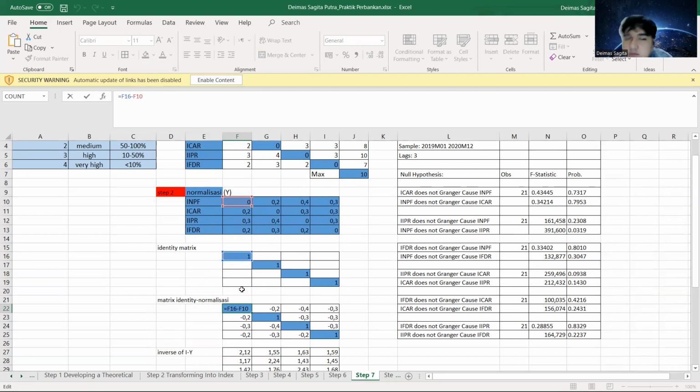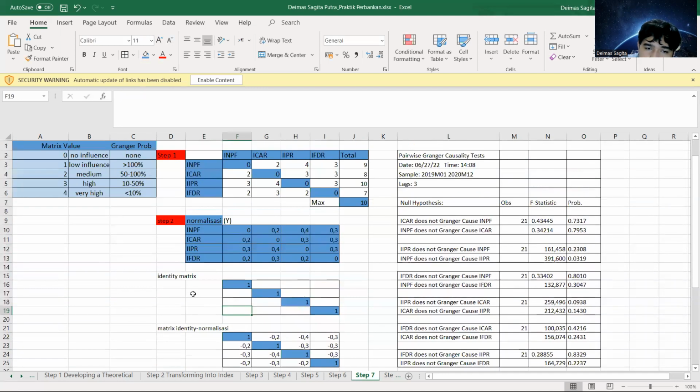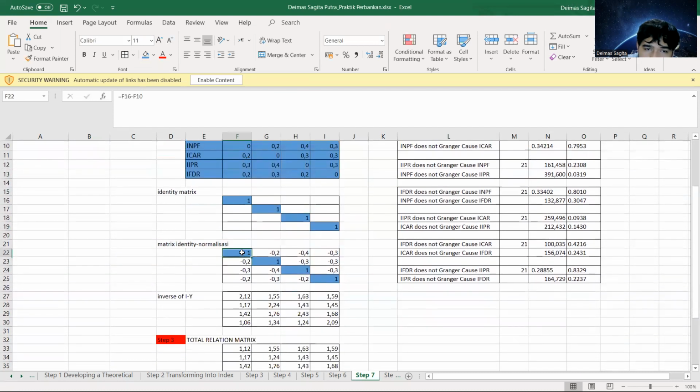Just enter. Also like this. Car minus F here, minus here. Yes, we got the matrix identity normalizations.